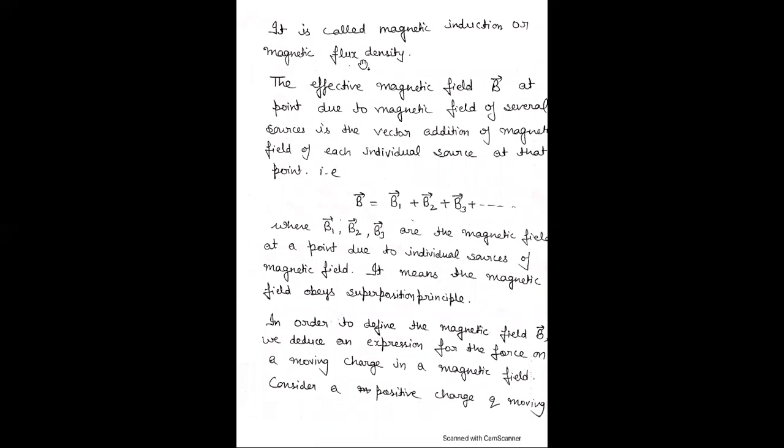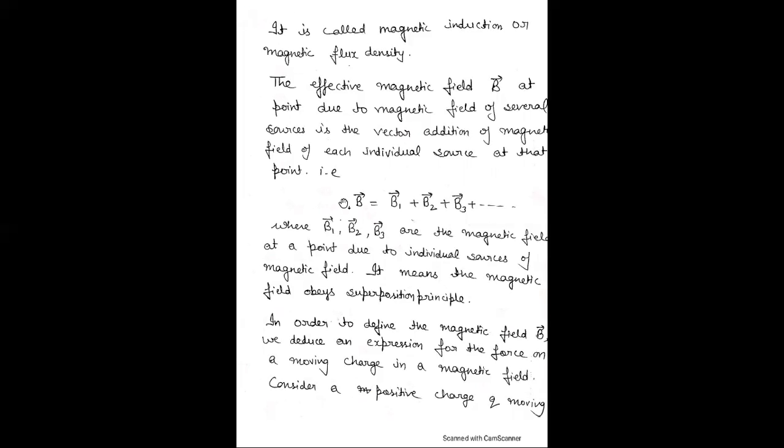Now, magnetic field is also called magnetic induction or magnetic flux density. The effective magnetic field B at a point due to magnetic field of several sources is equal to the vector addition of magnetic field of each individual source at a particular point.